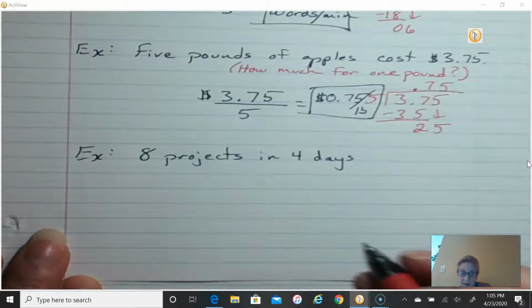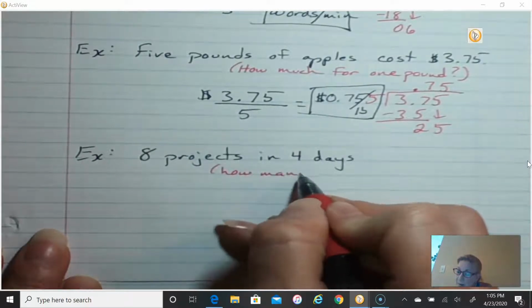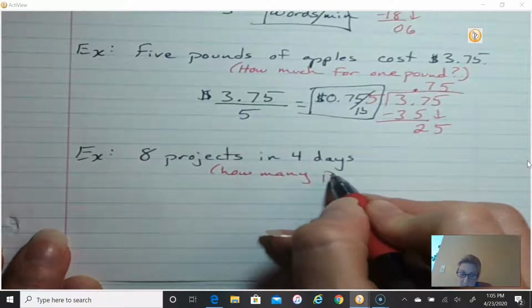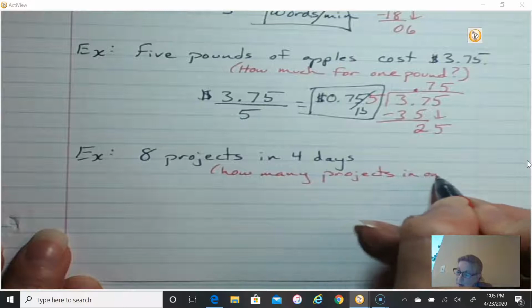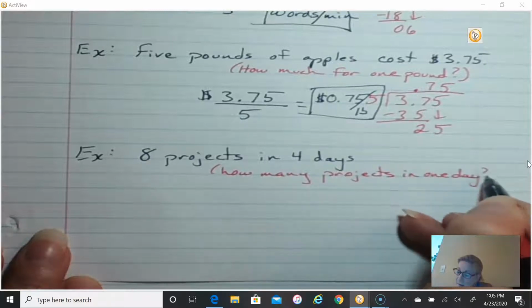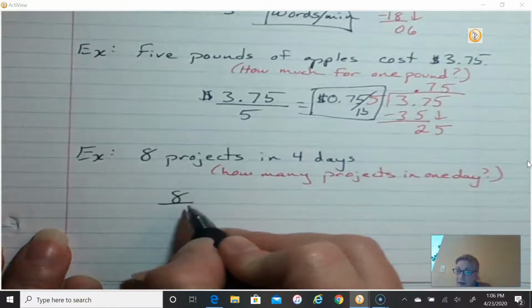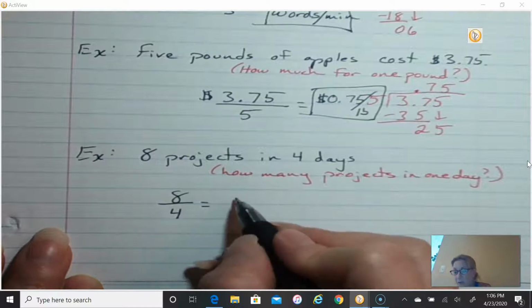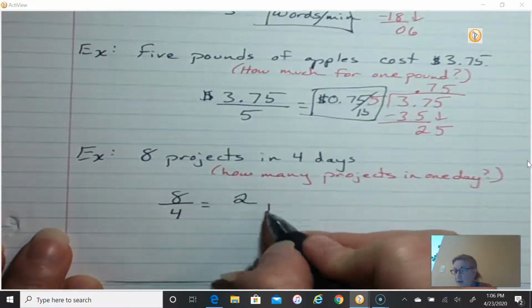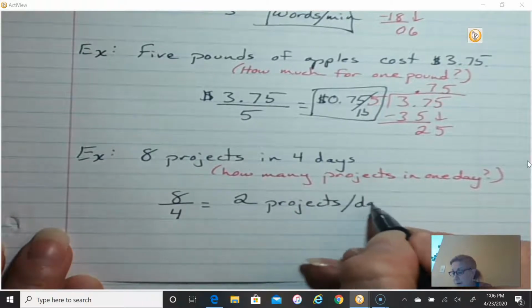What they're wanting is how many projects in 1 day. So again, we're dividing. Notice we're dividing each time. So 8 divided by 4 is 2. There are 2 projects per day.